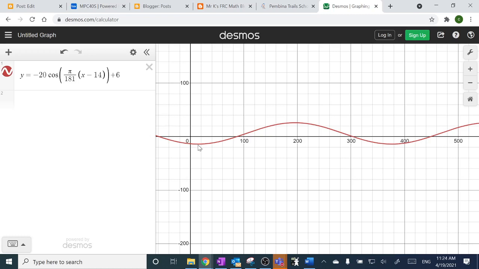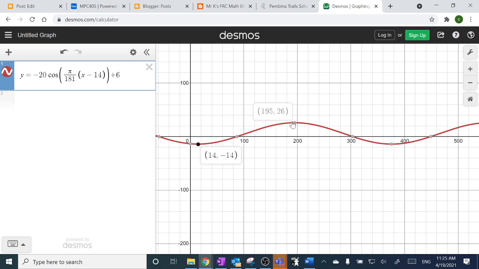So 14, negative 14 should be, there it is. And my other point that I knew was on day number 195, the temperature is 26. So 195, 26 should be a point too. 195, there it is. So there we go.